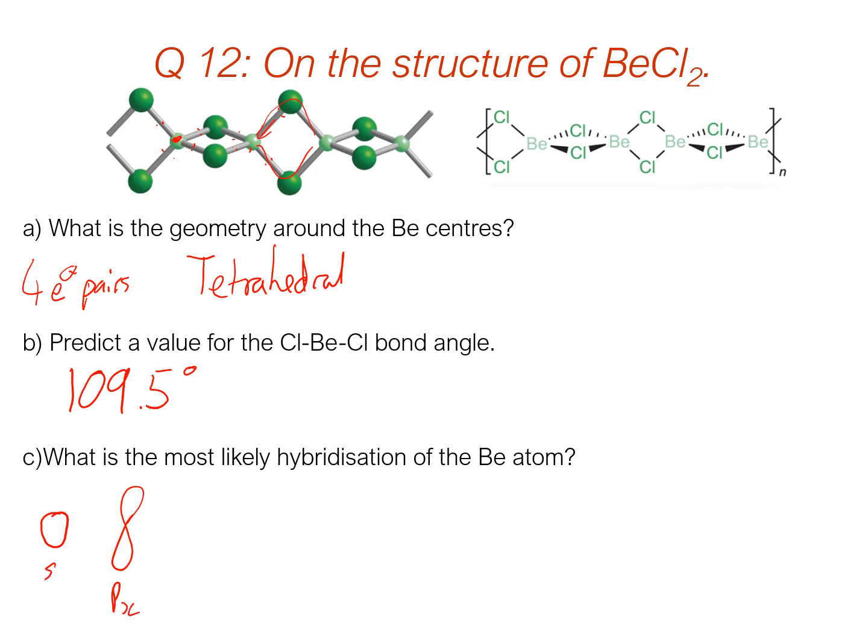So the px, I think this one's pz actually, and in and out of the board, and they form the sp3 hybridized orbitals that look something like that in all of the directions of the tetrahedron. So that's it. The hybridization of the beryllium atom is sp3.